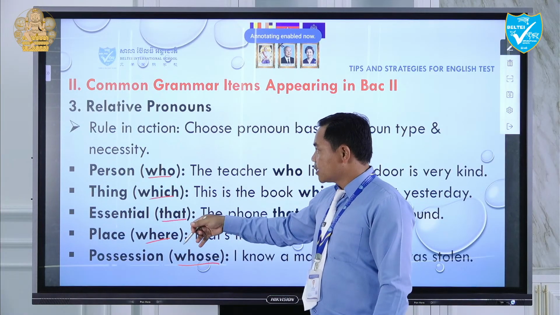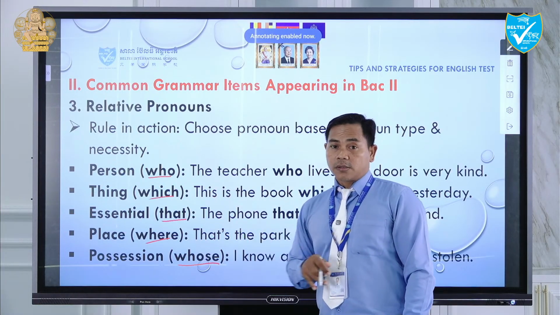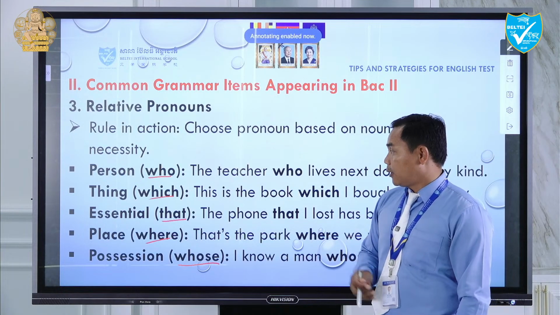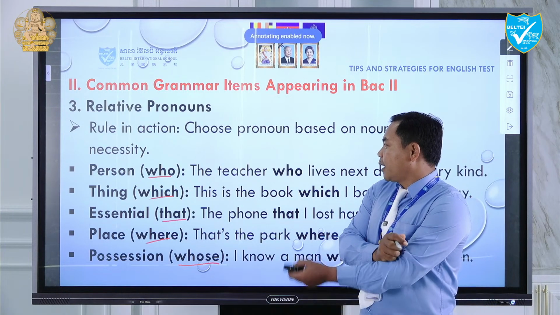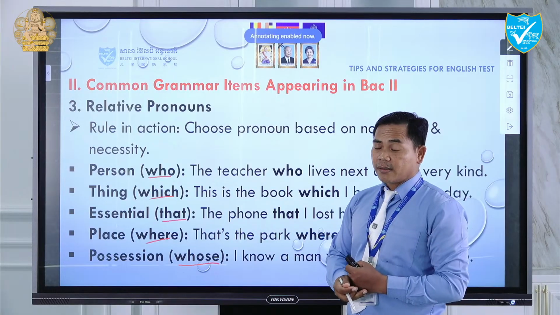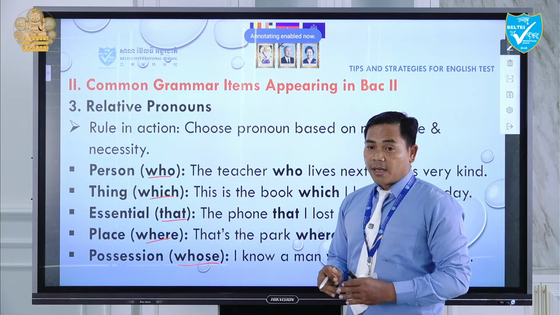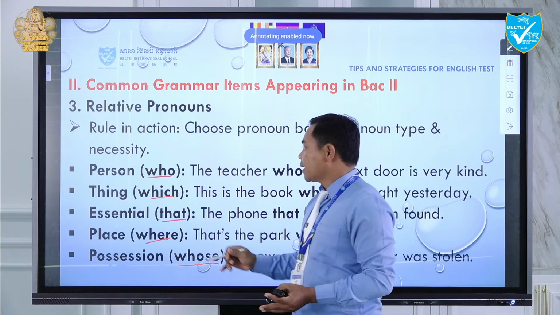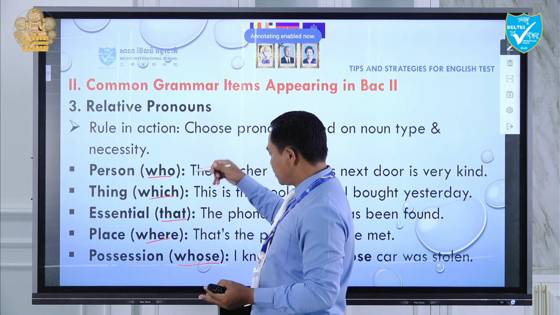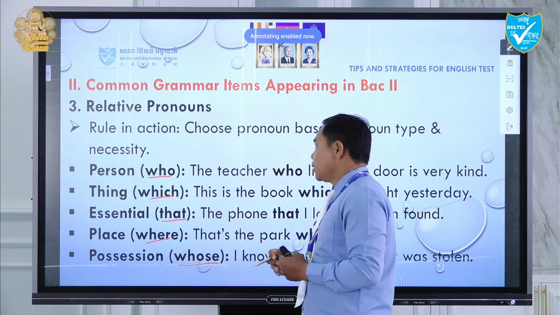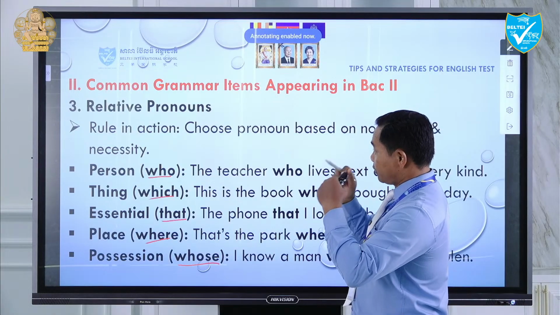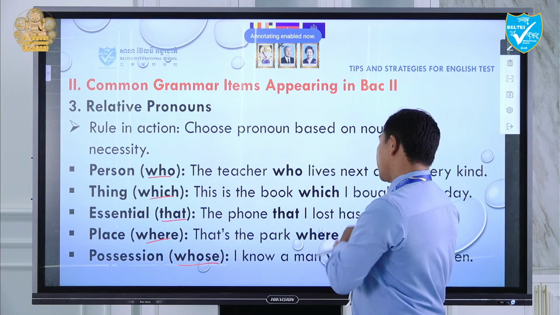Because these are used in relative clauses, not like information questions. That is another part, I don't want to talk about it. But who, which, that, where here are relative pronouns that relate one clause to another clause.